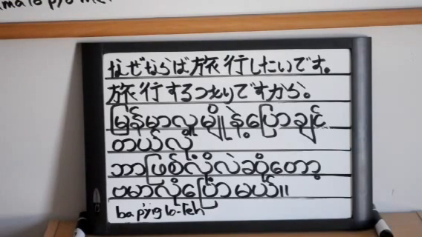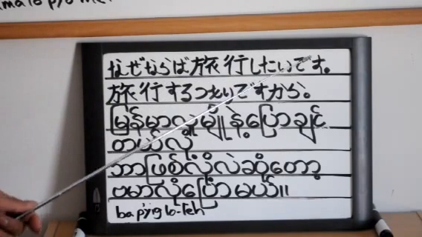And as usual, it's the same in both the Japanese and Burmese. So let's look at the Japanese sentence first. Alright, so なぜならば旅行したいです。So because I want to travel.